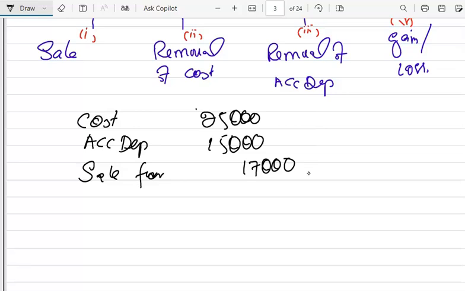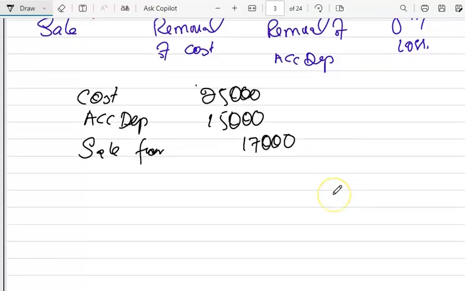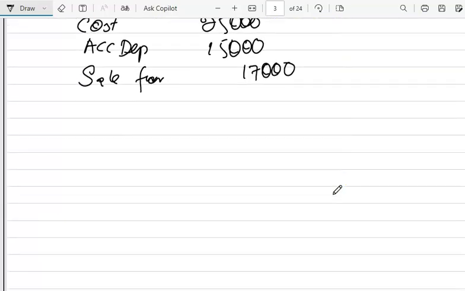Okay, right now, once I remove the asset, I have to remove their cost as well from our record. Before recording the transaction, let me see what is the net book value of this asset.